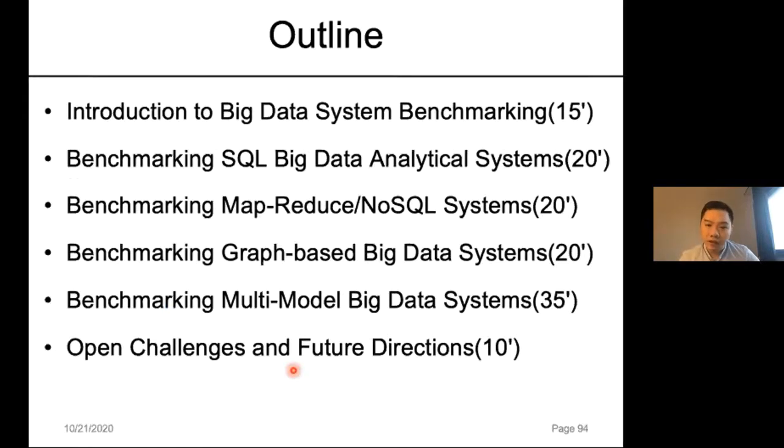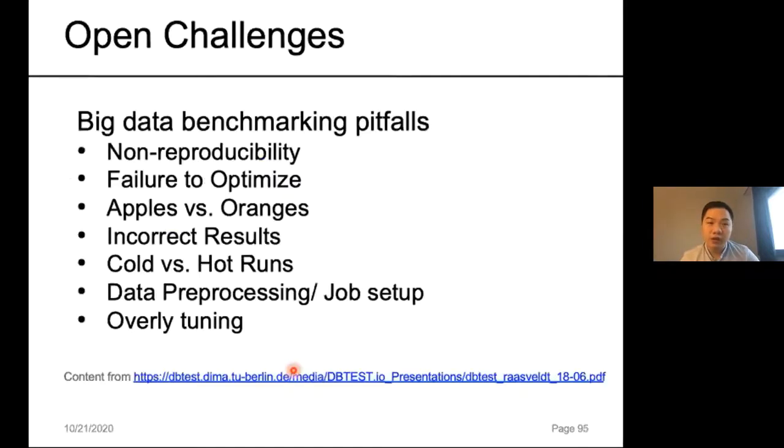Okay, and finally, we discuss some open challenges and future directions on big data benchmarking. So there are a lot of open challenges on big data benchmarking. It has been pointed out that big data benchmarking has a number of pitfalls. So number one is non-reproducibility.